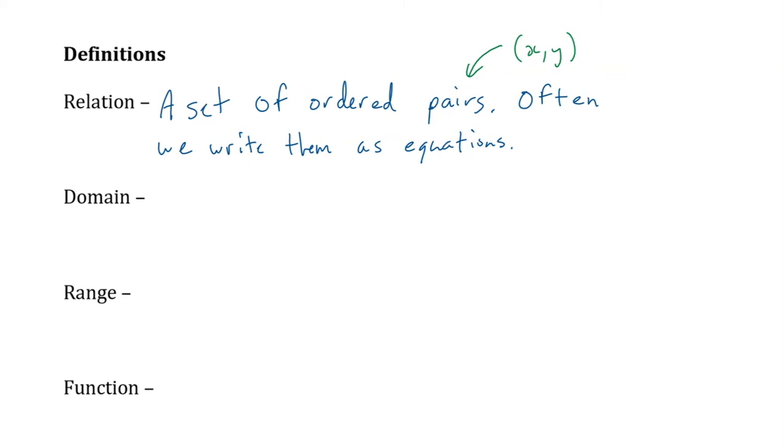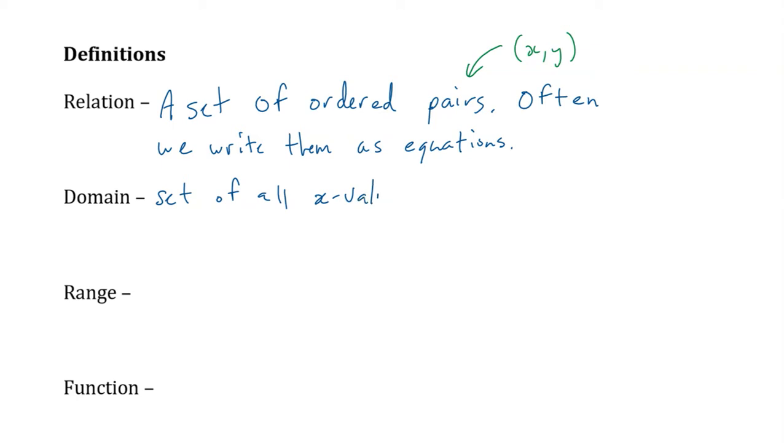And usually it's not just a relation, there's a relationship between x and y. You could have a set of points and there's no relationship between x and y, it's just scattered points. You could have that, okay? But we are interested in the ones that are a relationship. There's some pattern between them. Y is always twice as big as x. That would be a simple one from grade 9. Something like that. Okay?